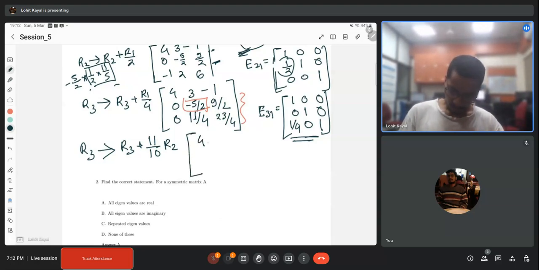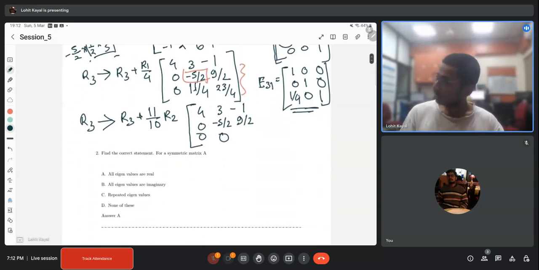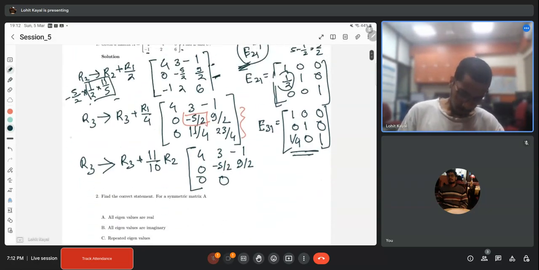So it is 0, 3, minus 1, 0, minus 5 by 2, 9 by 2, 0. I am multiplying by 11 by 10, so it will be 50 minus 55 by 20. If I divide it, it will be minus 11, so it will be 0. So the new step will be 9 by 2 into 11 by 10 plus 23 by 4. This will be the last element.